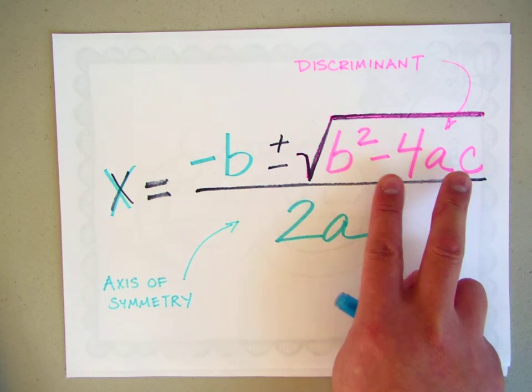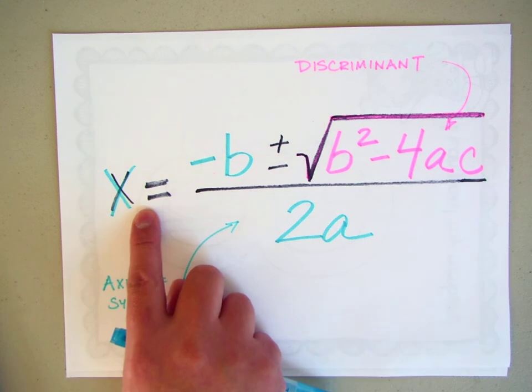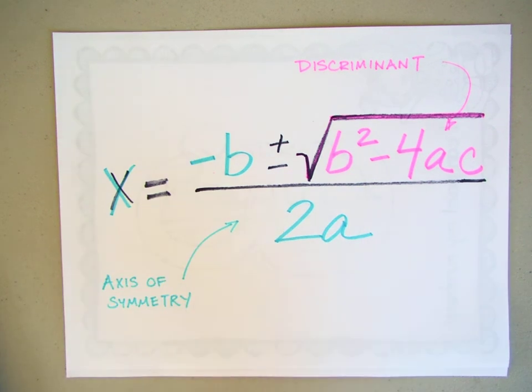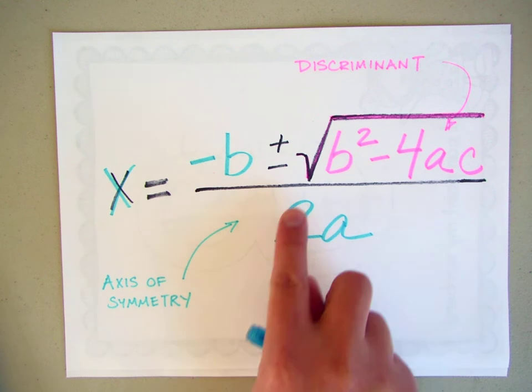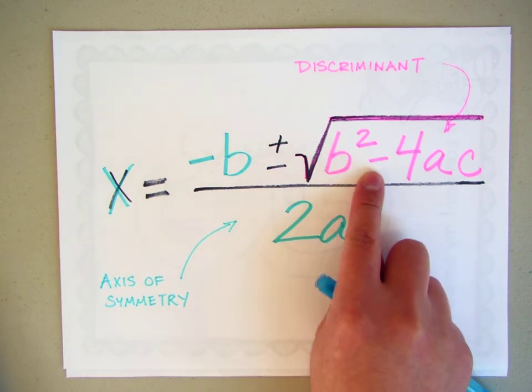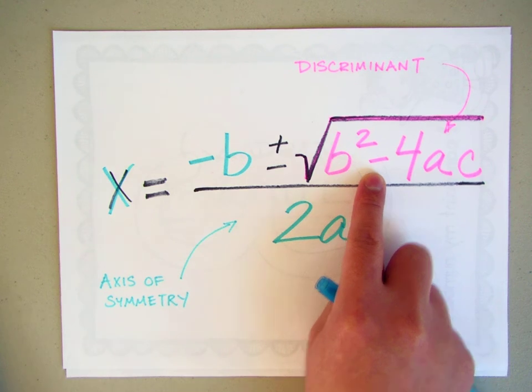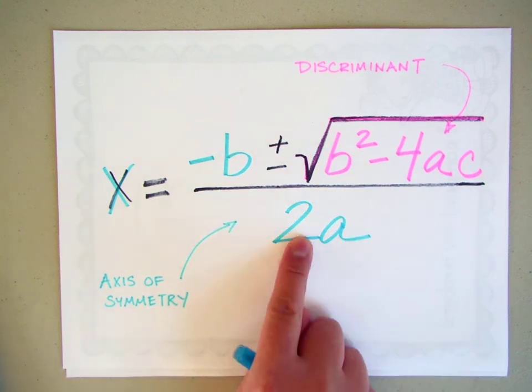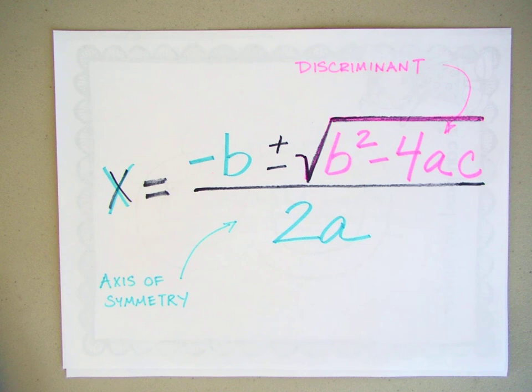When we put all of this together, x equals, we're finding the solution, we're finding the x-intercepts. So this is what determines the 2 symmetric x-intercepts that are on the left and the right of your axis of symmetry. Hopefully that makes sense. It's a connection. If not, that's an upper level.